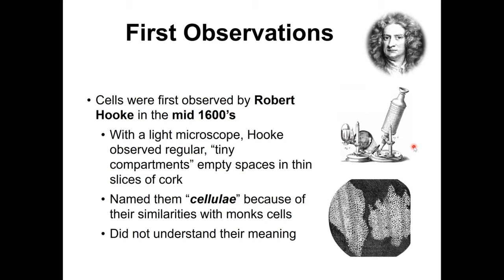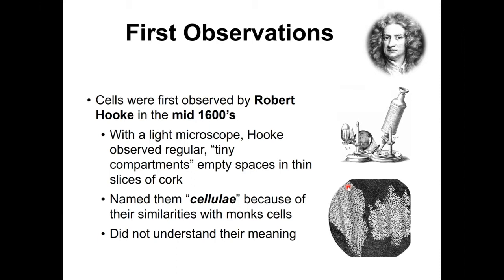He was looking at different structures, and what he had noticed, and this is one of his drawings that he published, is that if you look at slices of cork from trees, you would see these tiny little repeated holes, right? You can see here in this drawing. And these would be present in all the different corks that you would be looking at.